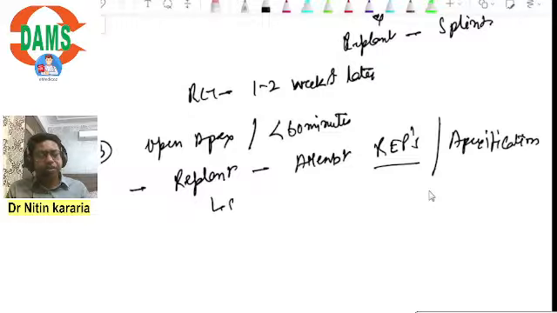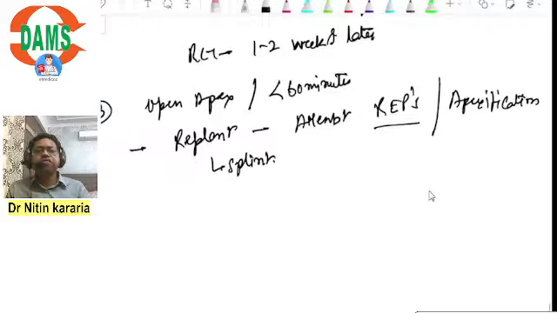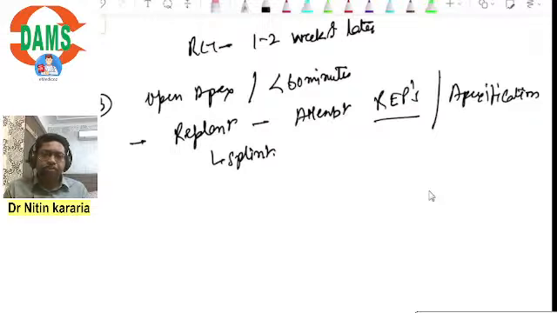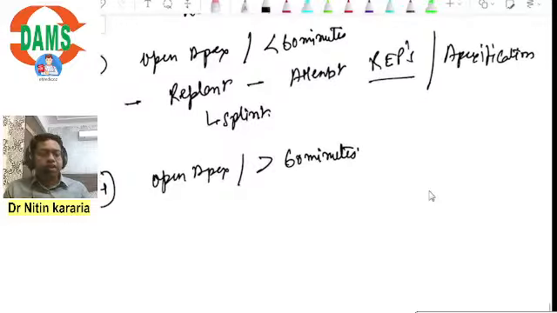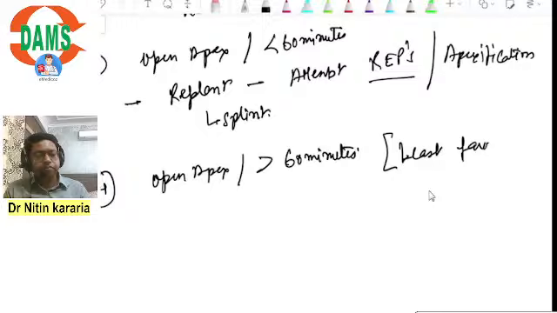Definitely splint would be there. What is the duration of splinting? Same, no change. The least favorable type is open apex with greater than 60 minutes duration. Okay, it is the least favorable prognosis.